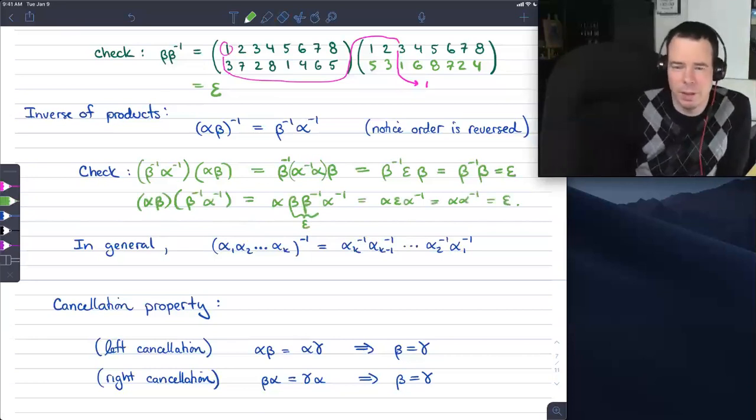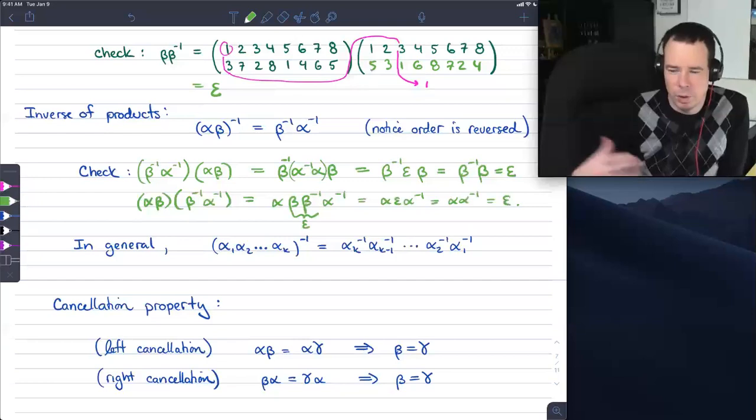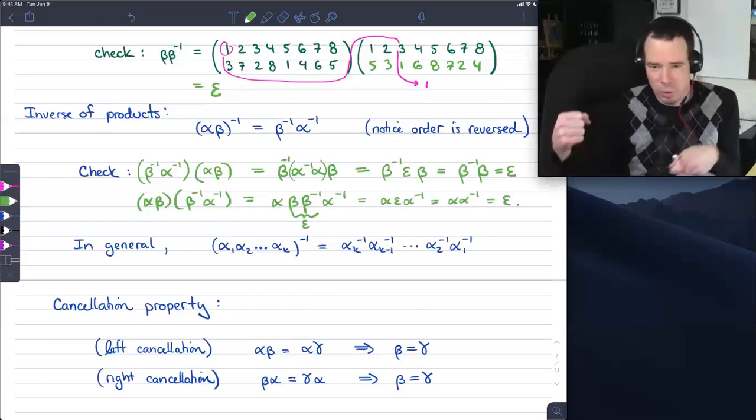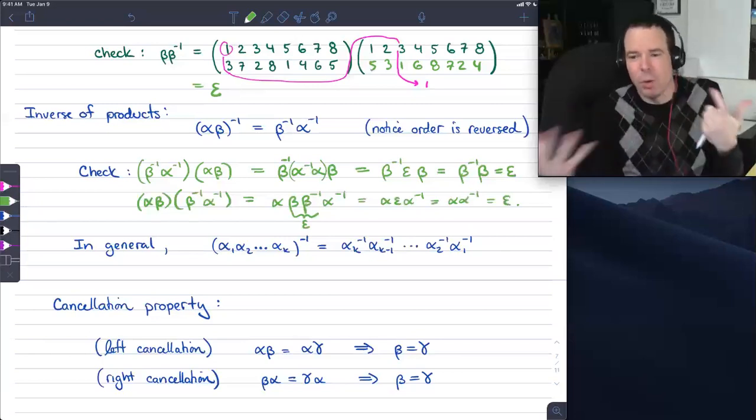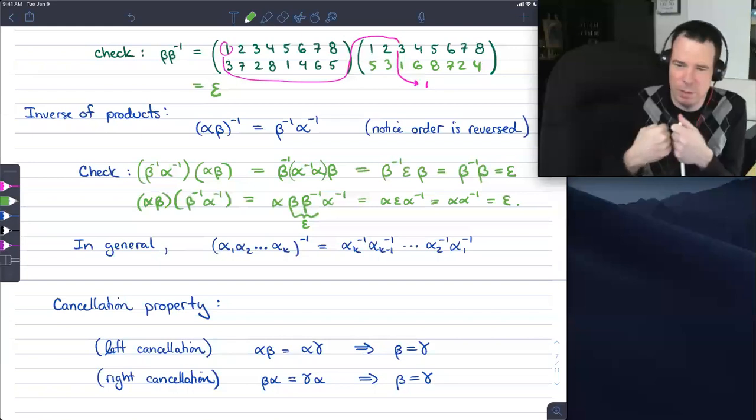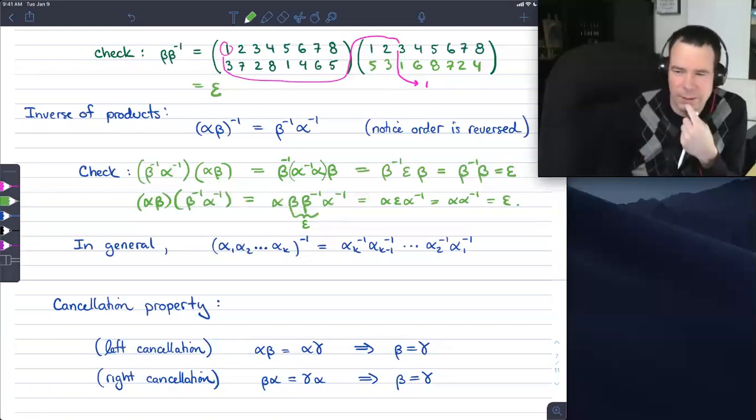Okay, so that's another way to justify why the order had to be reversed. When you multiply alpha beta by this object we're claiming is the inverse, the beta and the beta inverse match up with one another and are multiplied together, and the alpha and the alpha inverse are matched up to be multiplied together.